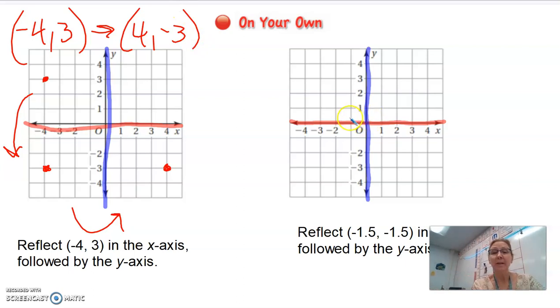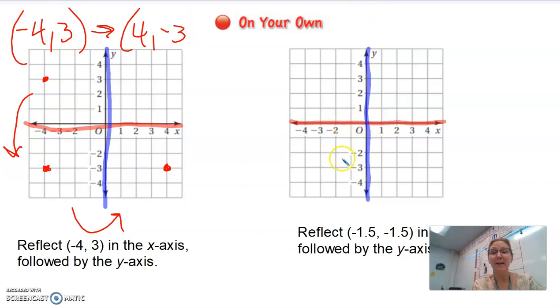The next one is negative 1.5 and negative 1.5. It's not a pretty point, it's right in the middle, but it's going to go across the x and then across the y. So here it goes across the x and then across the y. So negative, oops, I did that wrong. Maybe you were paying attention and I wasn't.